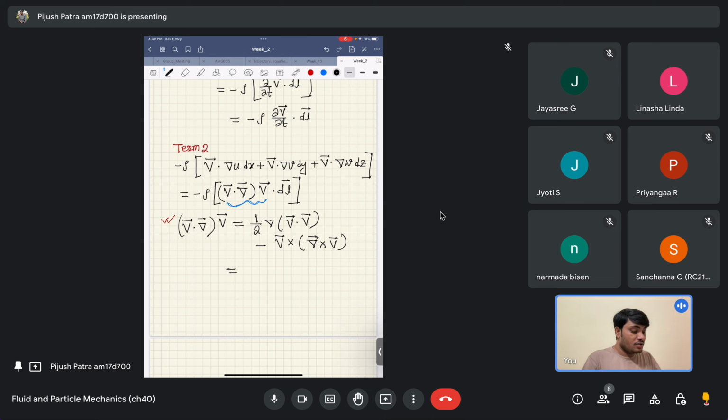Because it is one vector dotted with the same vector, so it is half gradient of v square, where v is the modulus of the v vector.